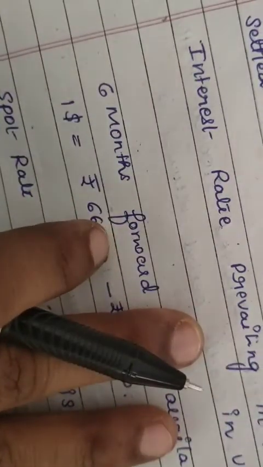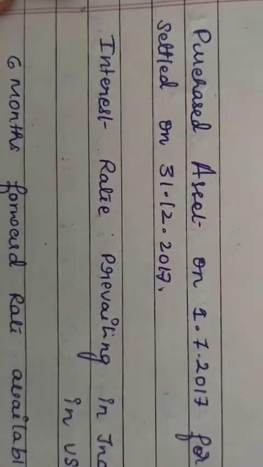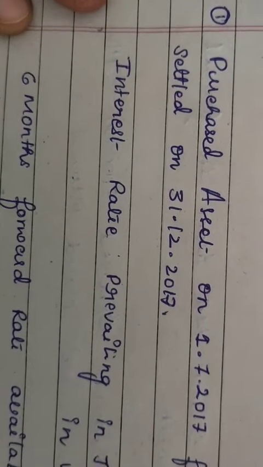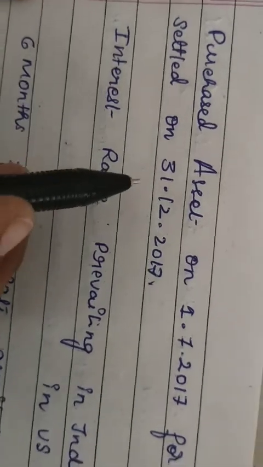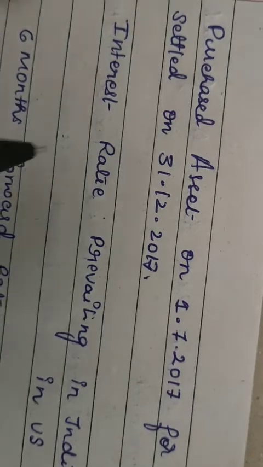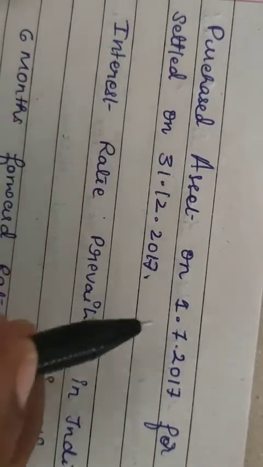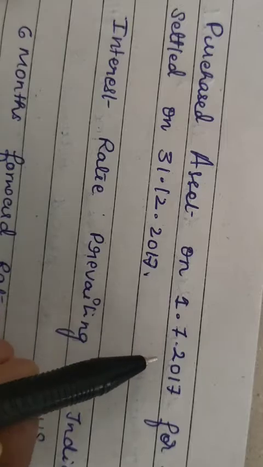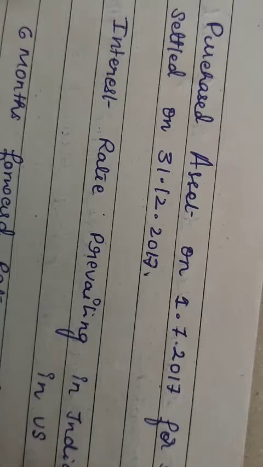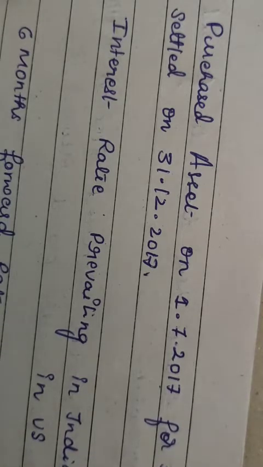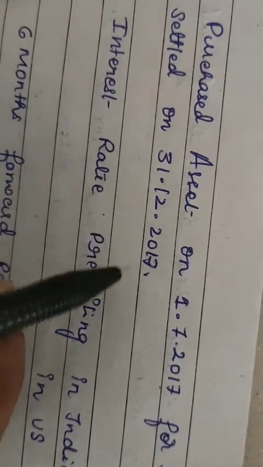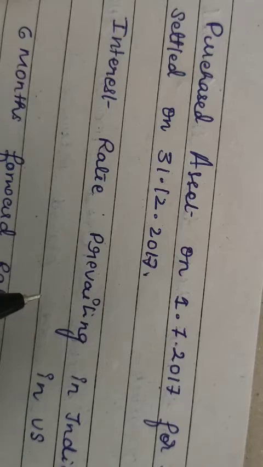So here is an example of money market hedging. Question number 1. Purchased asset on 1st July 2017 for $1 lakh, amount to be settled on 31st December 2017.